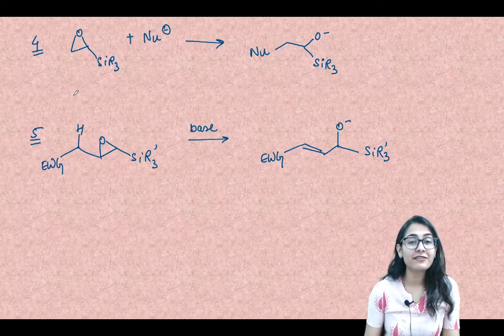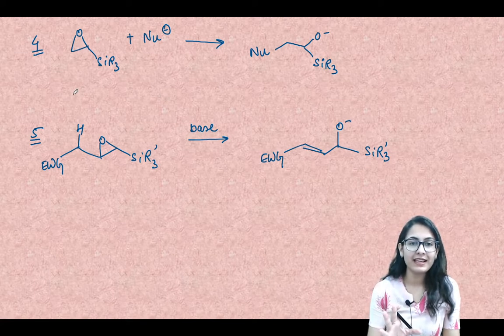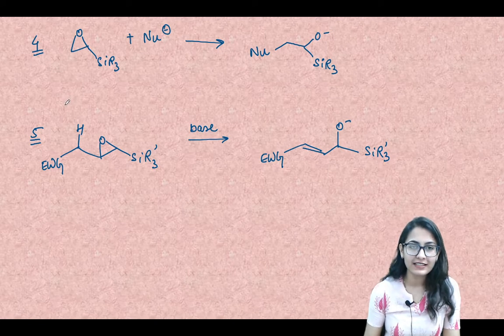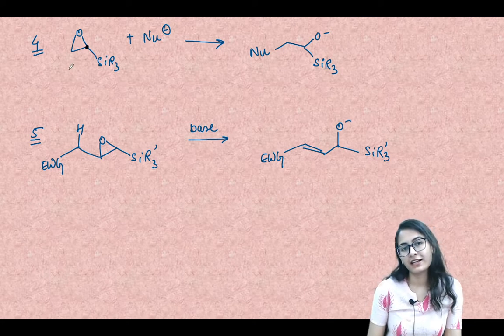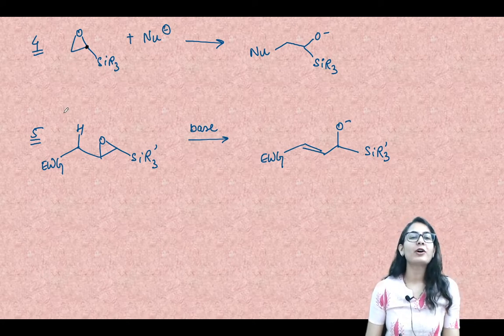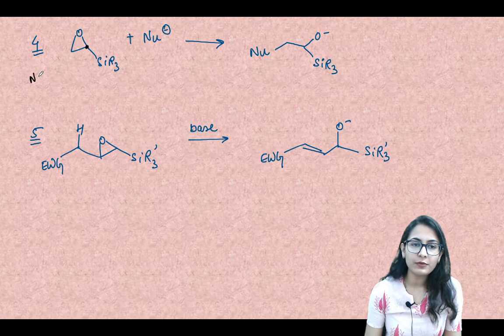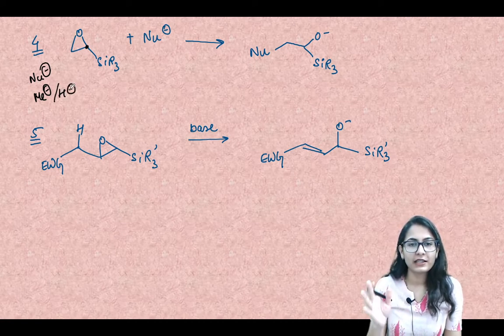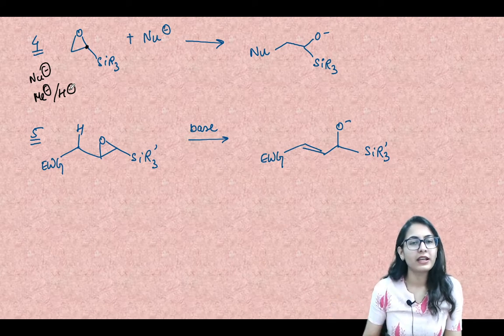Now there is a very popular role of epoxide. Epoxides are a little bit confusing, but the regioselectivity is very easily achieved in the case of epoxides. So let's say you have a nucleophile and you have an alpha silyl epoxide. Okay, so it is the silyl epoxide that you have. The nucleophile could be a methyl from methyl lithium or the Grignard reagent, or it could be a hydride from lithium aluminium hydride, let's say, and so on, right?